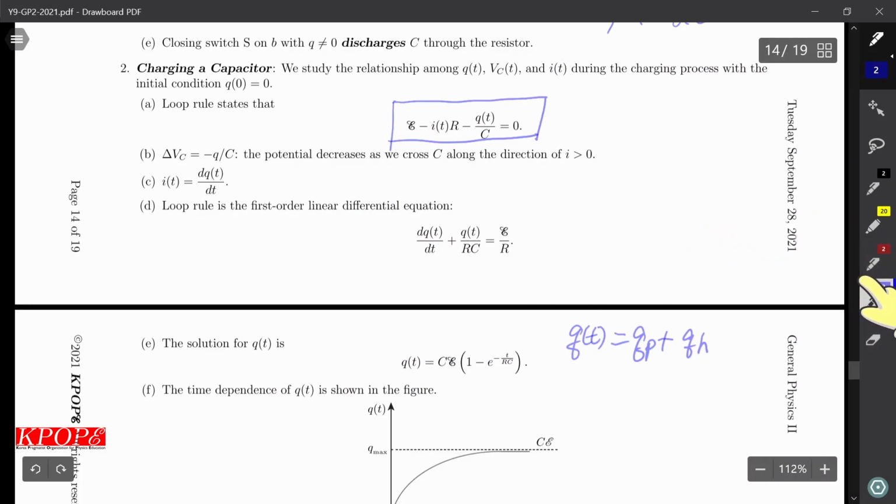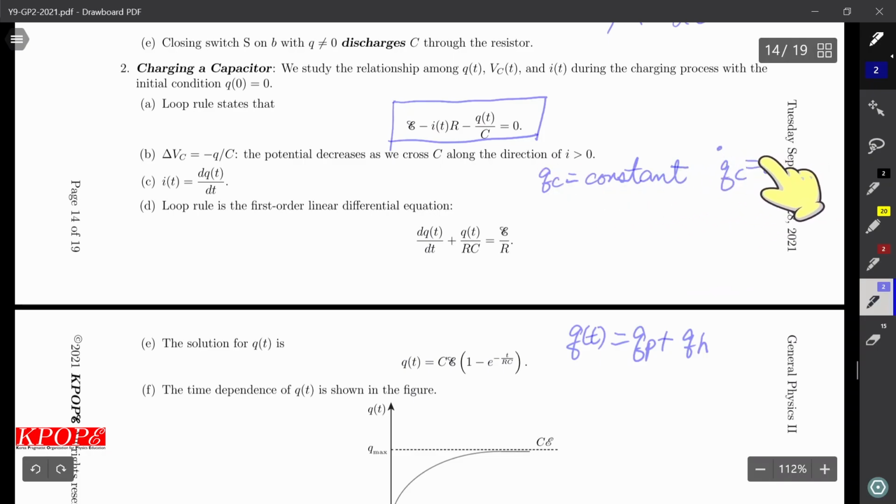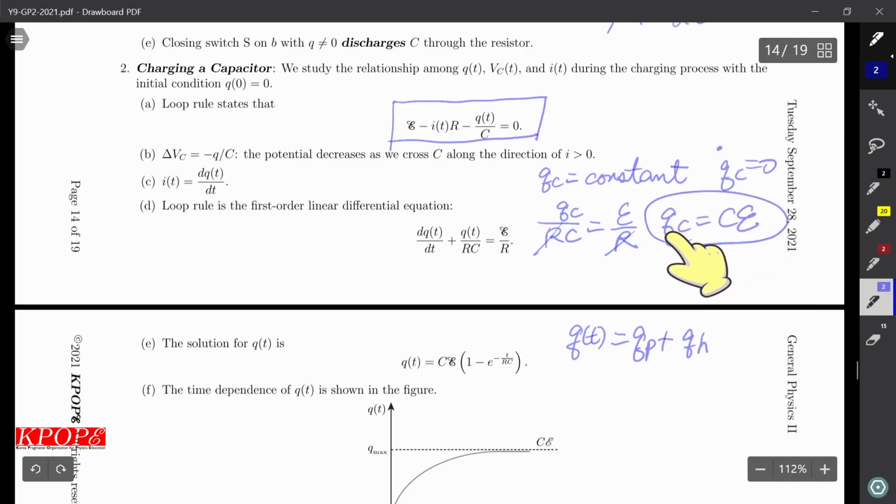The particular solution can be obtained by substituting a constant value. That is, QP equals constant. Then QP dot is 0. So if we substitute in this equation, the first term vanishes. The second term is QP over RC equals E over R. So R cancels, and QP equals CE. So the particular solution is CE.